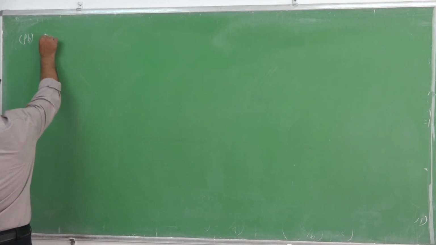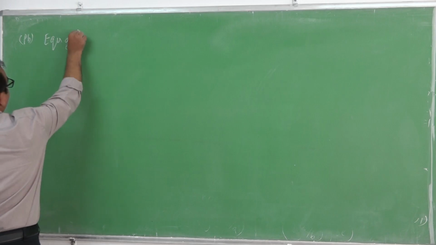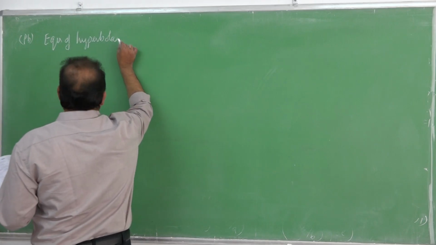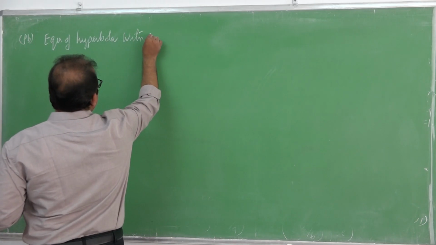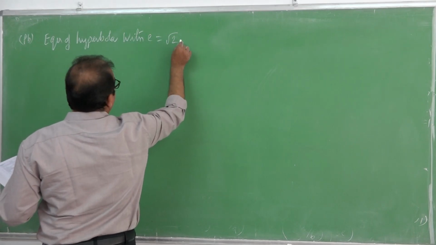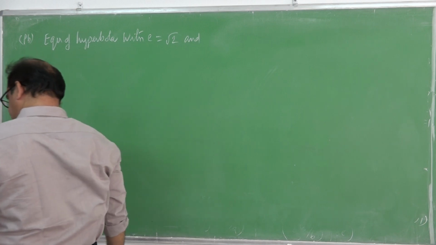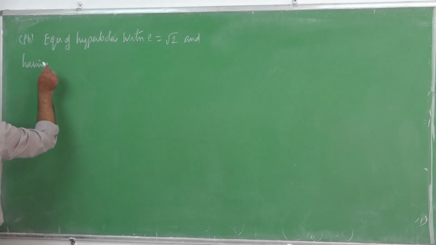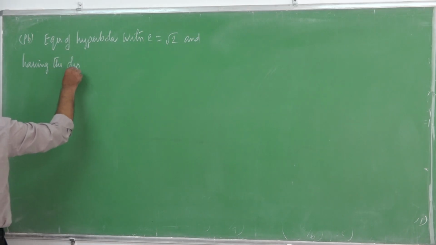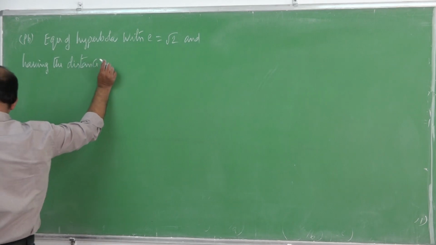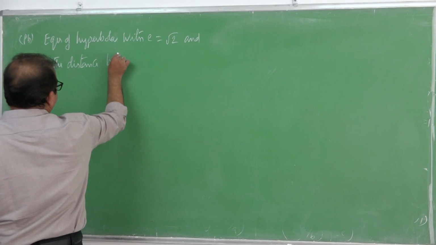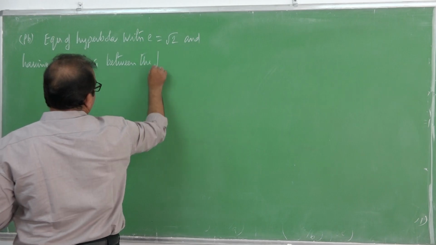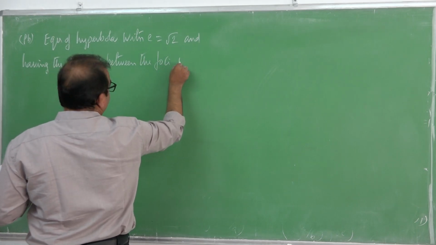Equation of hyperbola with eccentricity e equal to root 2 and having the distance between the foci 1.